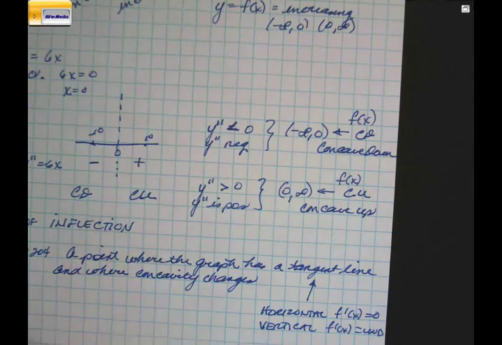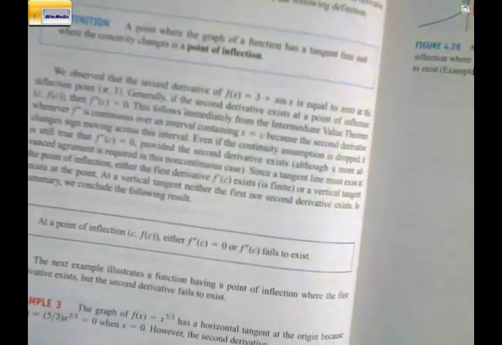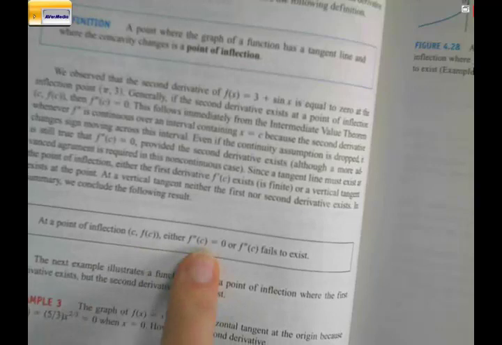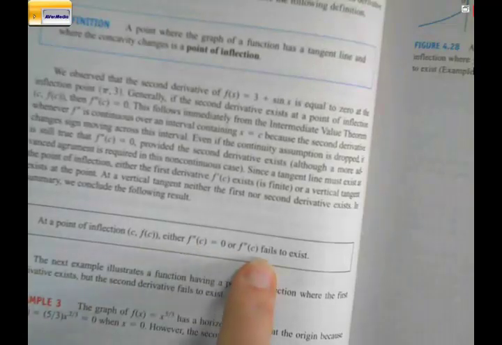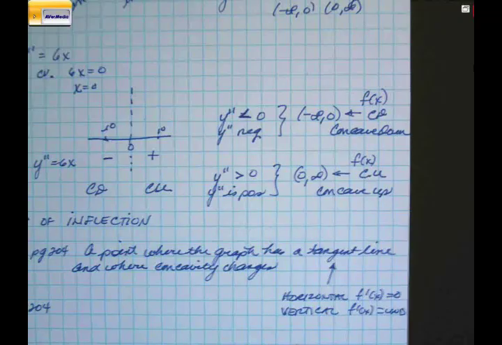Okay, then it talks a little more about the point of inflection, still on page 204 in a nice little blue box, and it says, at a point of inflection, either f double prime of c equals 0 or f double prime of c fails to exist. So at a point of inflection, either your second derivative equals 0 or your second derivative fails to exist, meaning your second derivative is undefined.